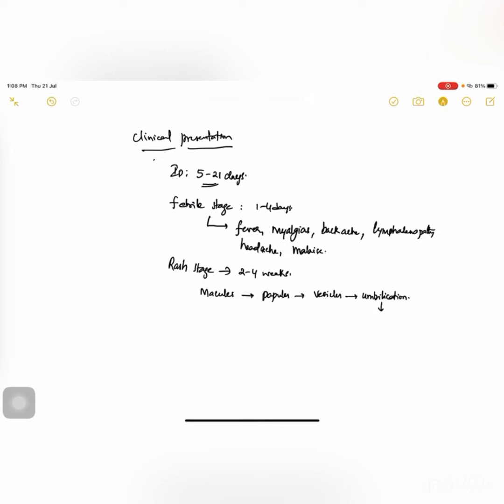Then these vesicles start transforming into pustules, then pustules to scab or crust. So this whole process takes about 2 to 4 weeks. When the crust falls off, the transmission of infection is less likely.